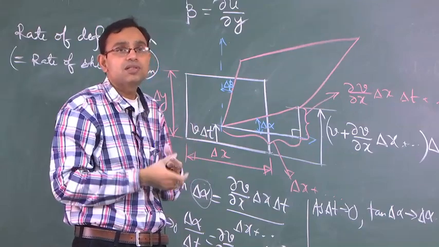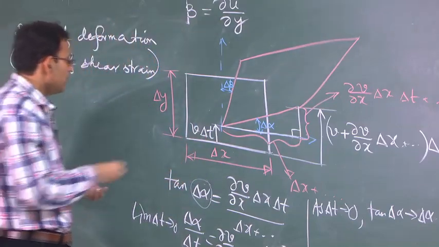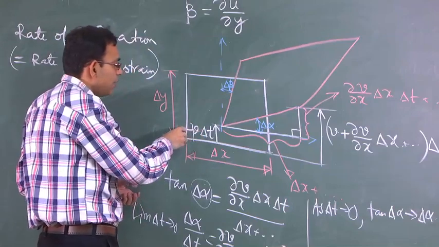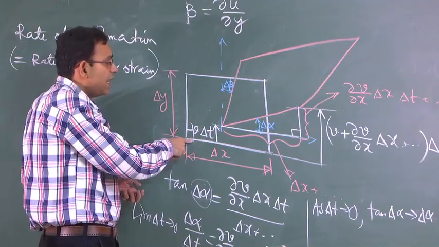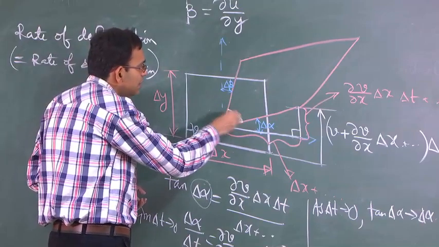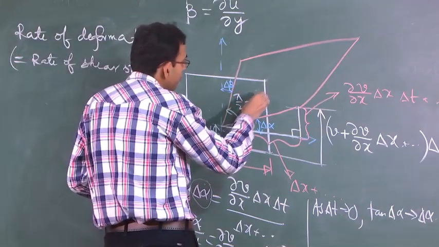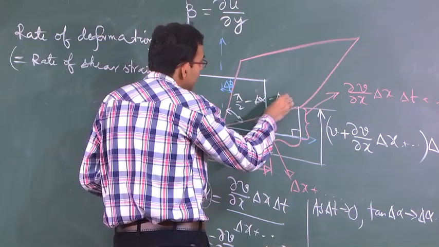So, this is the definition. These two line elements were originally perpendicular to each other. Now, the angle between these two line elements is this. What is this? Pi by 2 minus delta alpha minus delta beta.